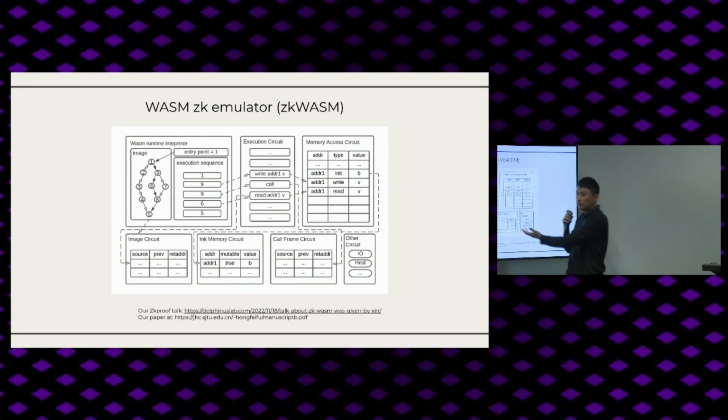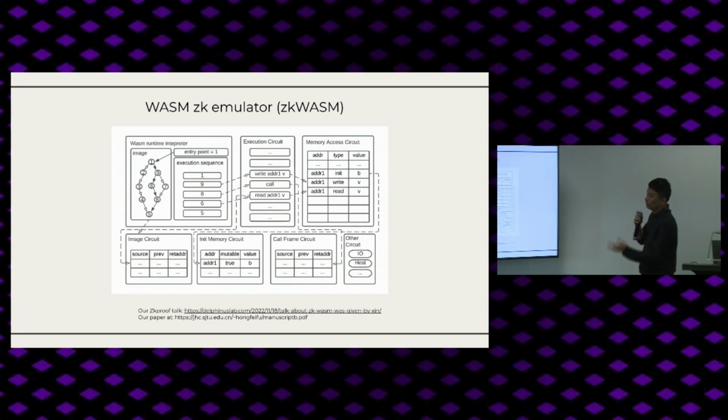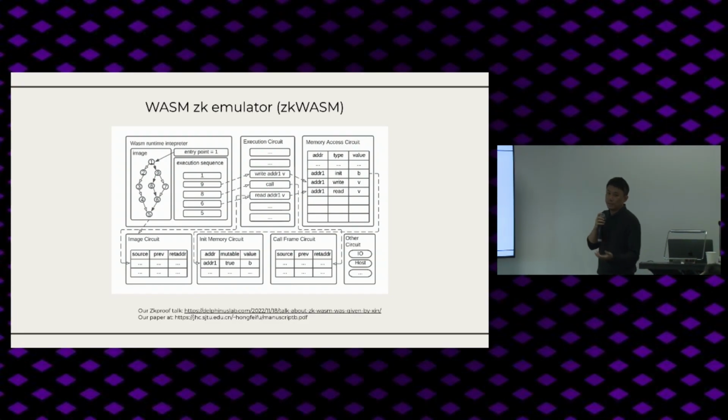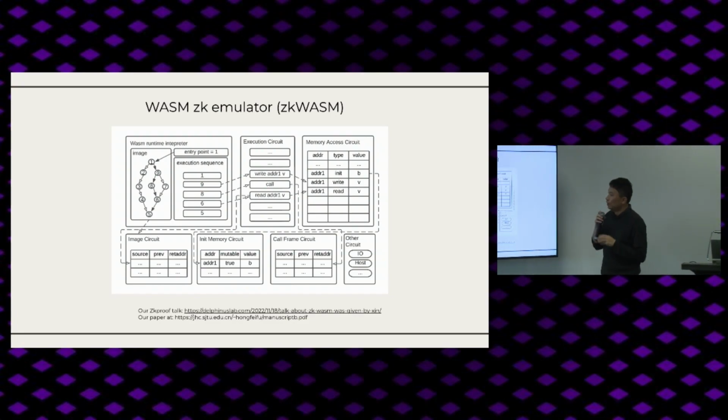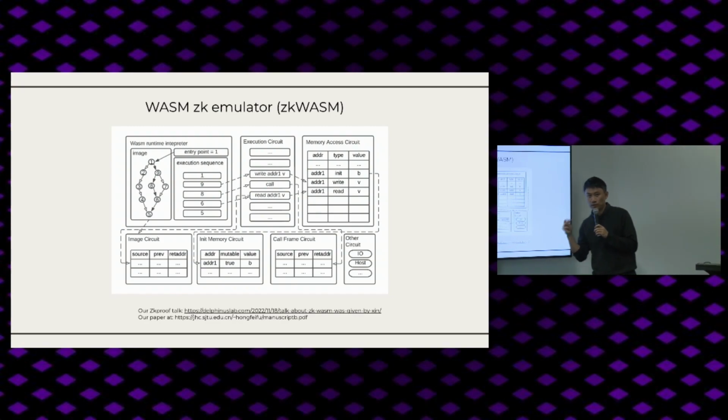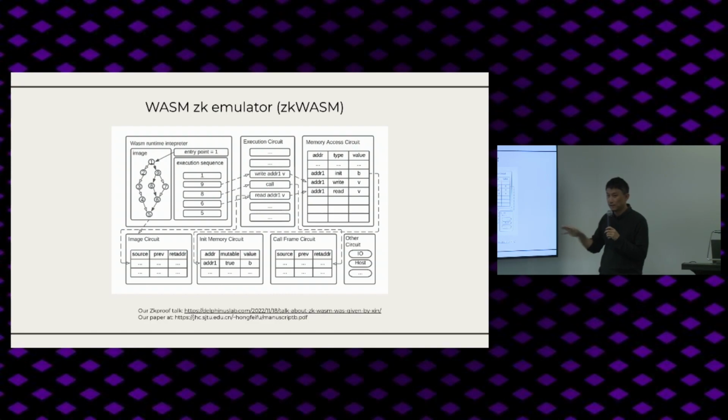I'm going to skim this a little bit and just show you that it's a circuit architecture, right? With this architecture, you can encode the WebAssembly semantics in Halo2, which is our arithmetic backend. So when we implement this WebAssembly virtual machine and support all the instruction formats except floating point, we are happy to say that we have the ability to leverage the WebAssembly bytecode by running WebAssembly applications in our Wasm ZK virtual machine.